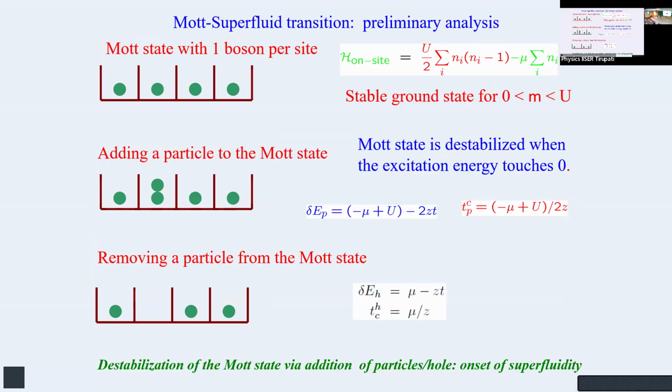What does that mean? It means adding a particle and removing a particle, which previously had different energies, now have the same energy. In other words, you've developed a particle-hole symmetry in the problem, because adding a particle is different from adding a hole.